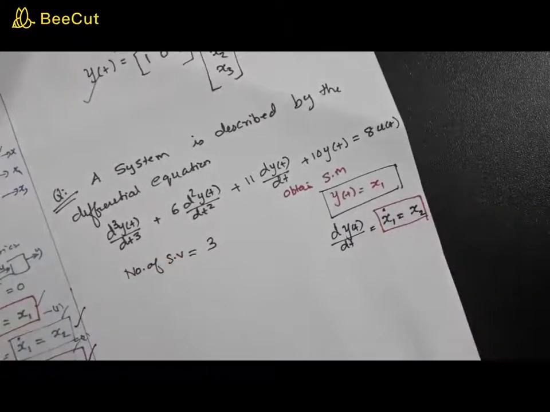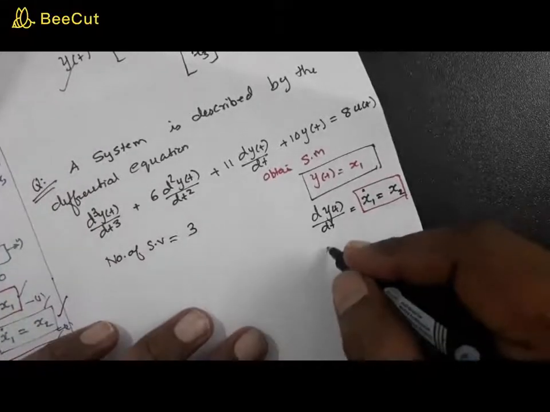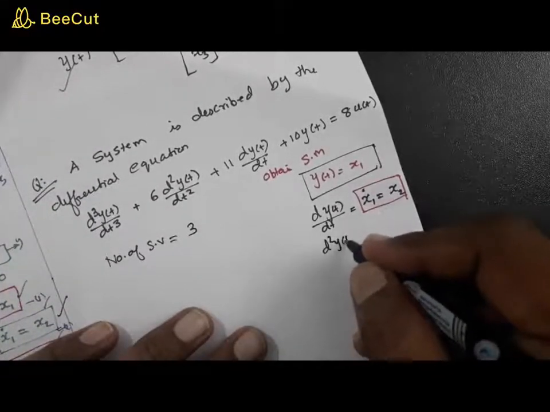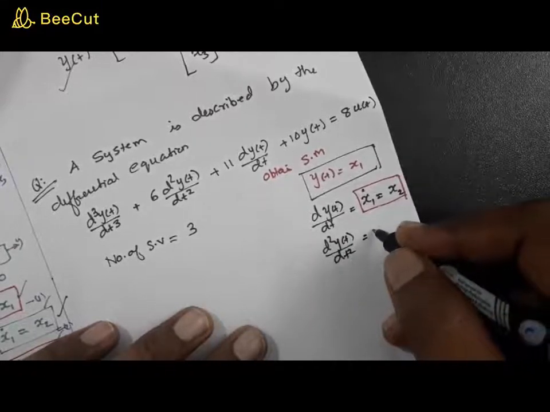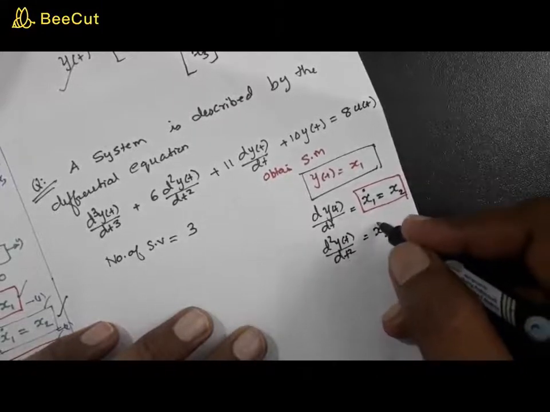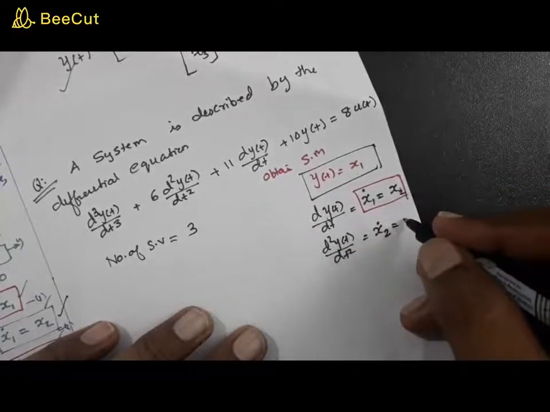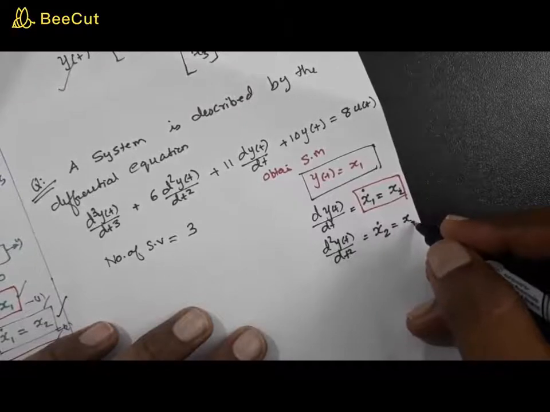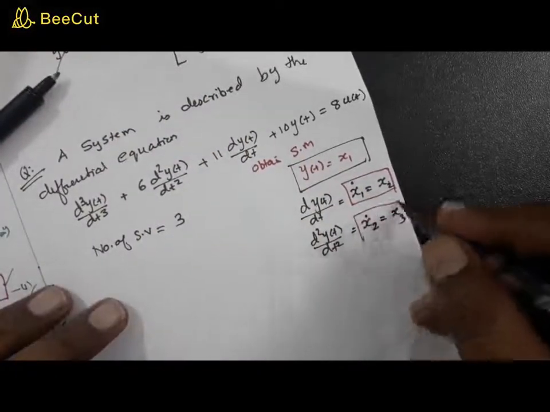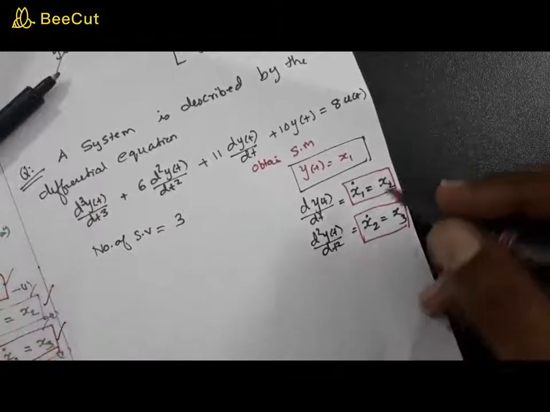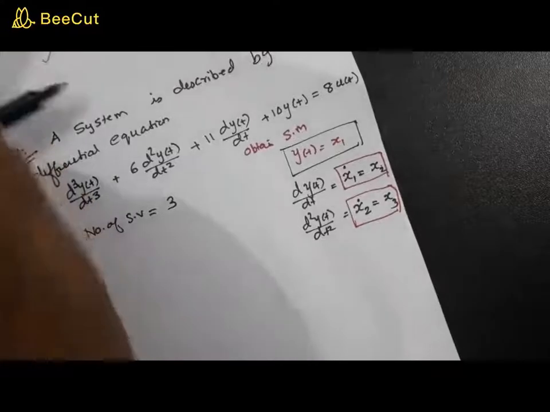Then you can also assign d square y of t by dt square, which is the derivative of x2, as the next state variable, that is x2 dot is equal to x3. So we have assigned 3 state variables, equal to the order of this differential equation.